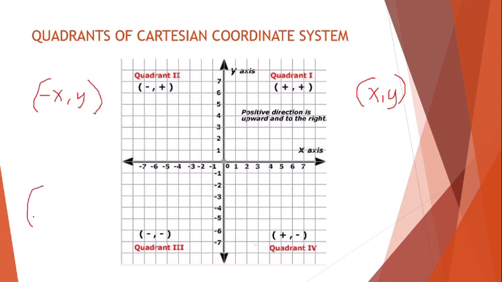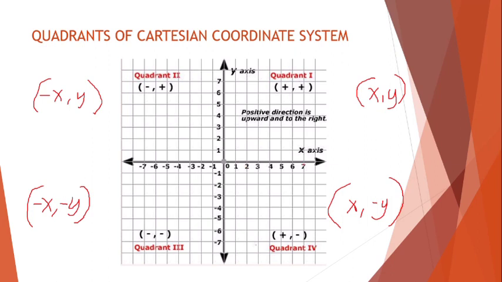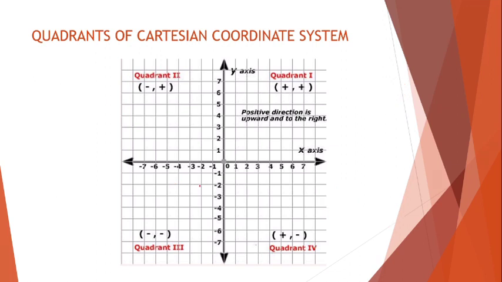Next one, the x is negative, and also the y. Next one, here, we have positive x and negative y. Just remember, in this one your x is positive, your y is negative.